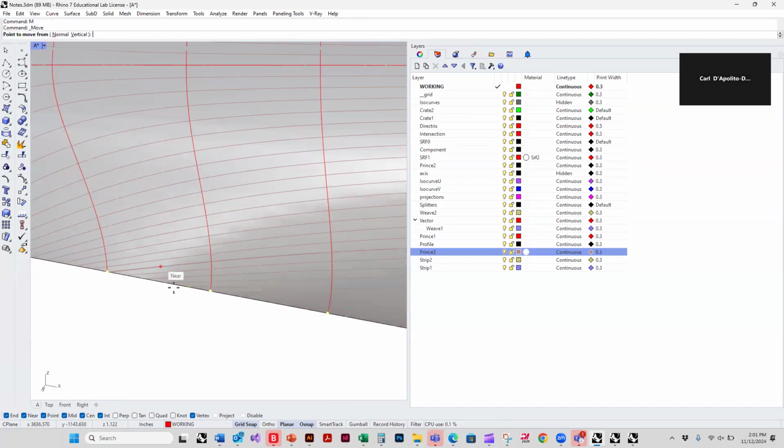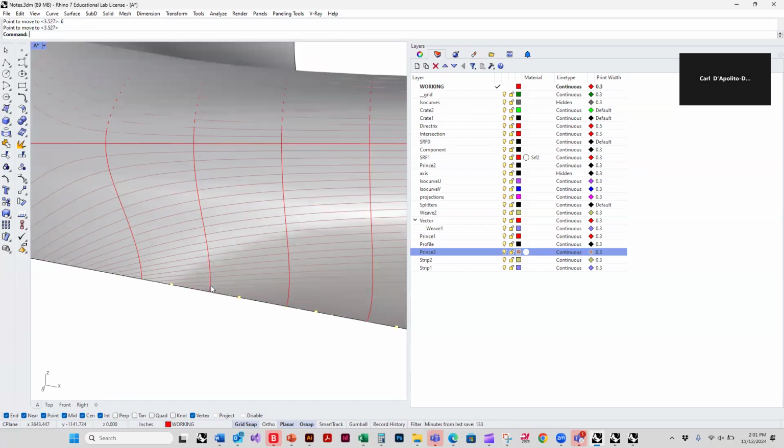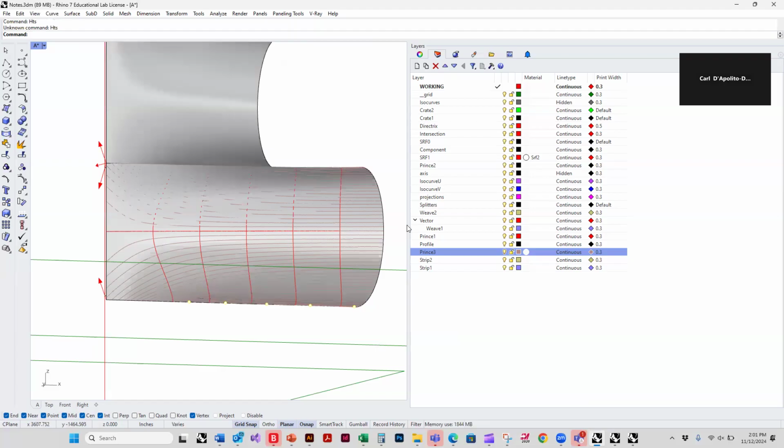Move those over a little bit. Put those in.